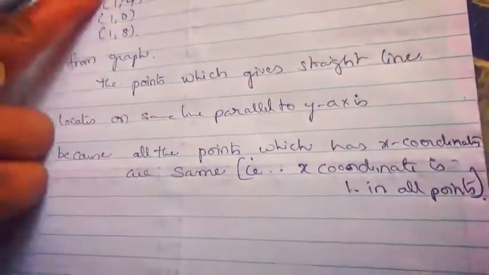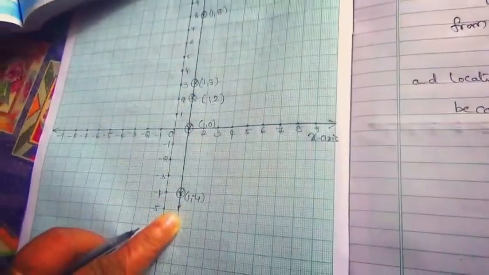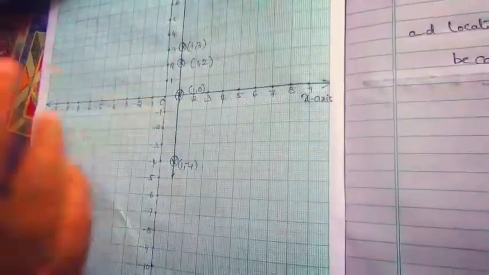So the x coordinate is the same in all points, hence these points are located on the same line, which is parallel to the y-axis.